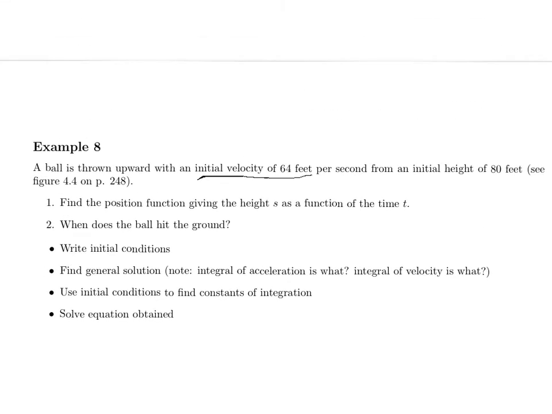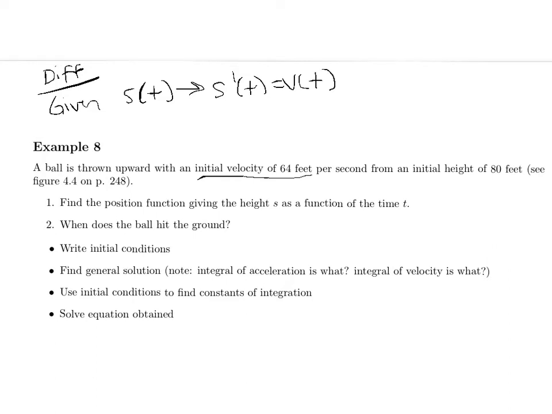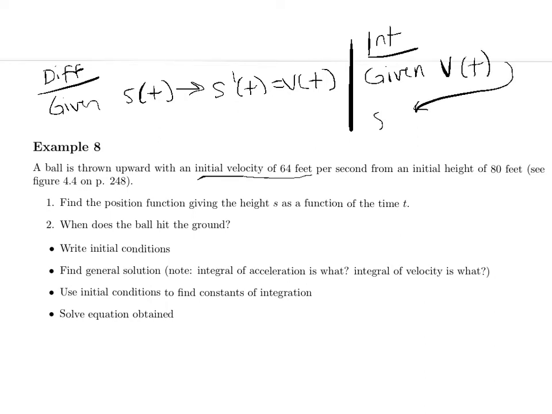Differentiation: we're given s of t, and then we found s prime of t equals v of t, the speed. So now, with integrals, we can be given our speed, our v of t, and then go backwards to find our position function.